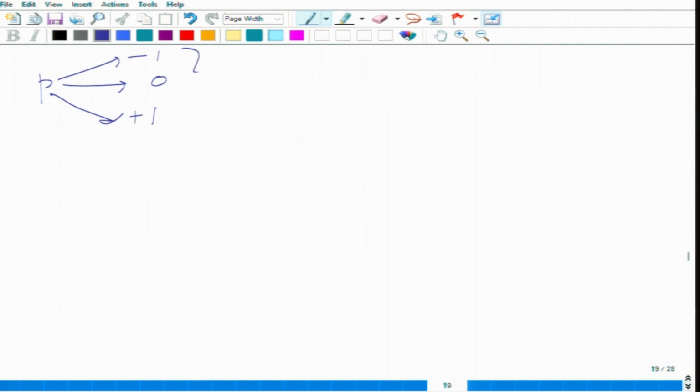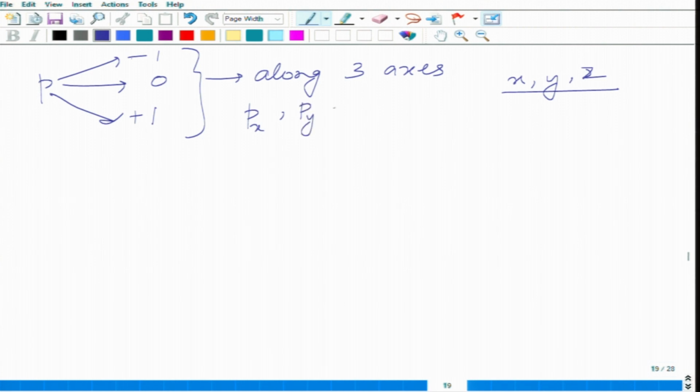These 3 orbitals are arranged along the 3 axes. So the 3 axes are x, y, z, right? So we have 3 p orbitals called px, py and pz.